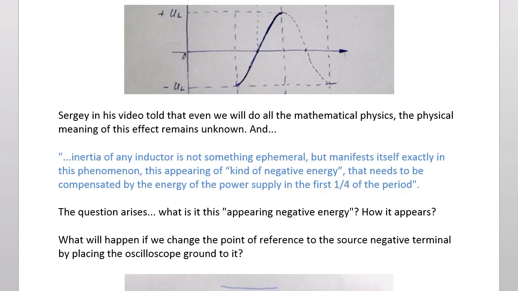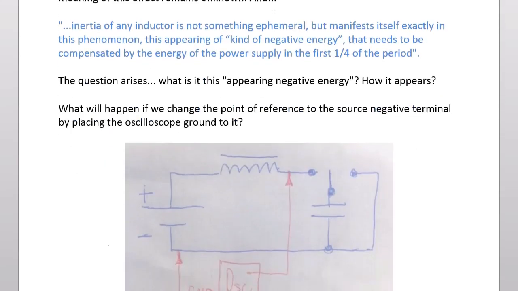The question arises, what is this appearing negative energy, and how does it appear? So if you are working on fuelless generators, especially electromagnetic generators, you definitely should answer this question for yourself.